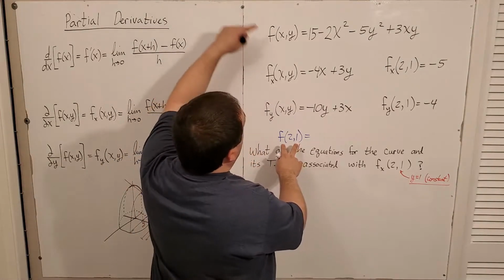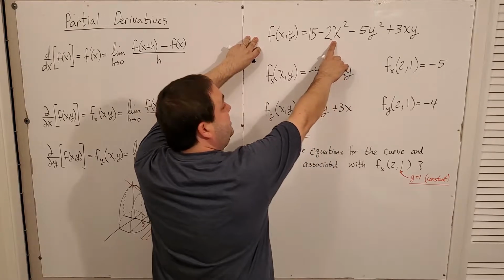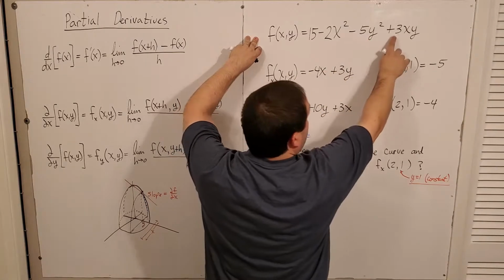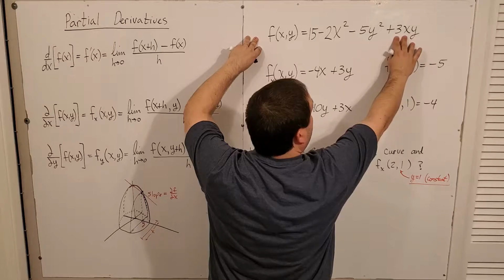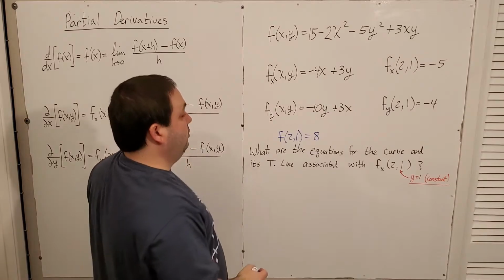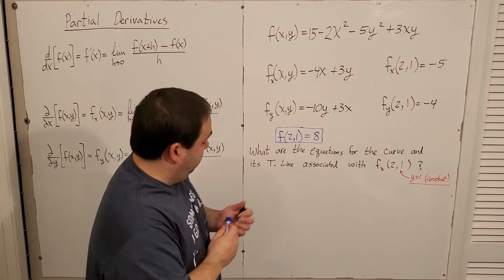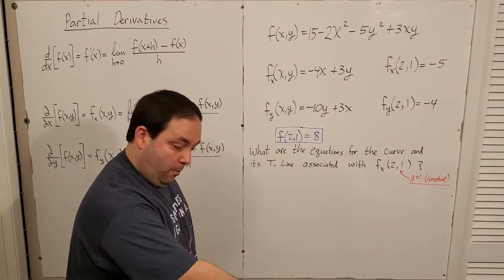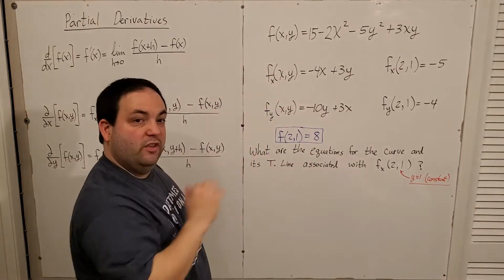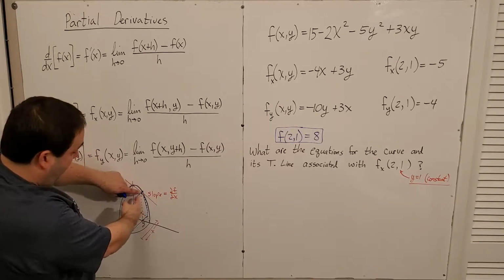So f(2, 1) is 15 minus 8 is 7, minus 5 is 2, plus 3 times 2 times 1, 6, so 8. f(2, 1) is equal to 8. So I found the point (2, 1) in my domain, and then I plugged it in, and my z value is 8 up on the surface. So I found the point on the surface.